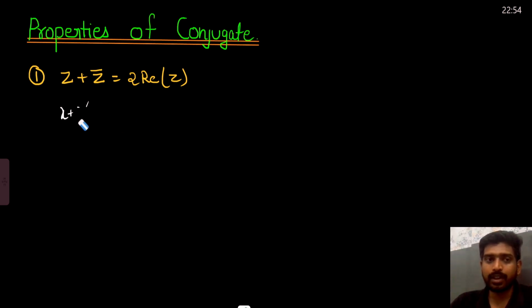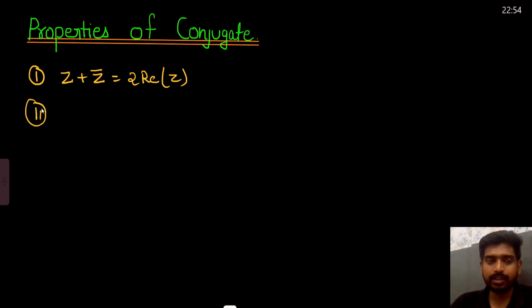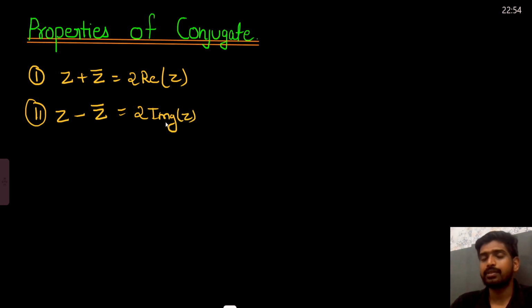Now the next property says that if for any complex number z, I subtract its conjugate z bar, z minus z bar will give 2 times the imaginary part of z. That means we will get 2y. This time, the real part will get cancelled and we will get 2 times the imaginary part.